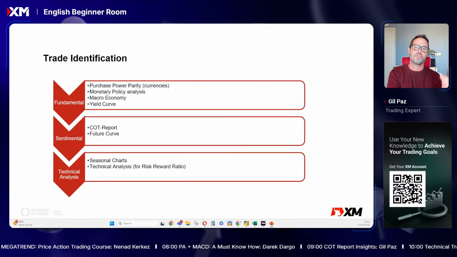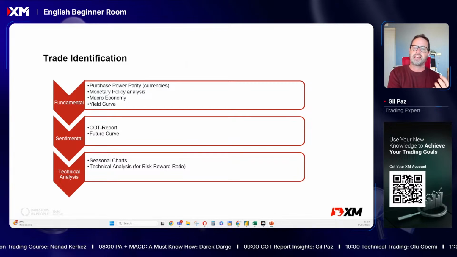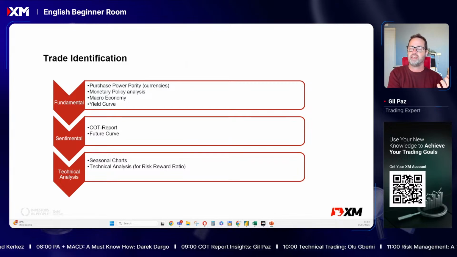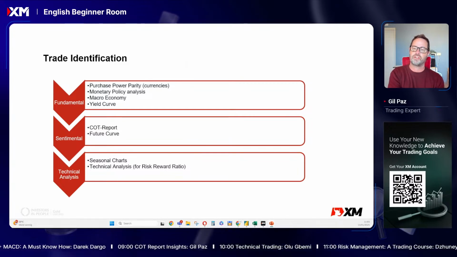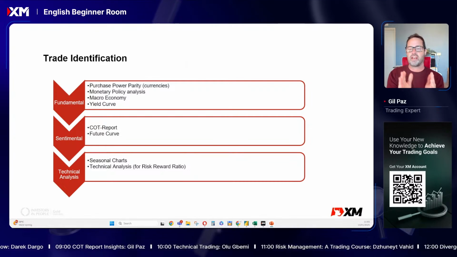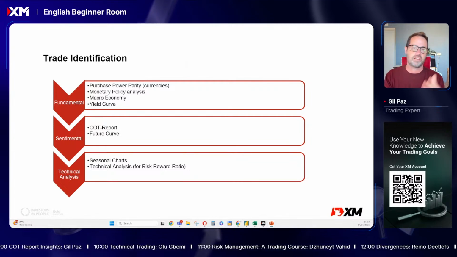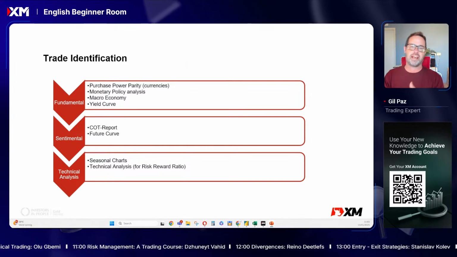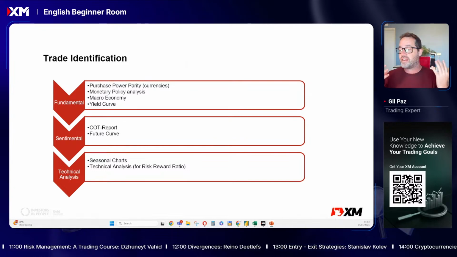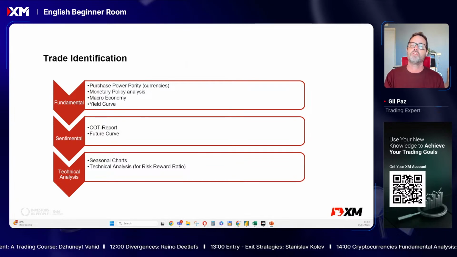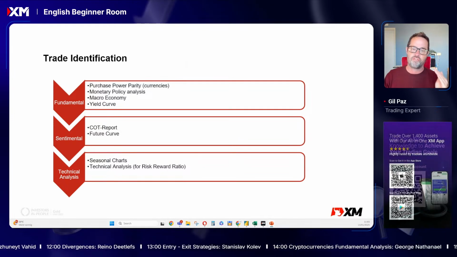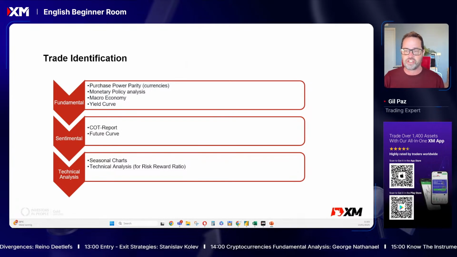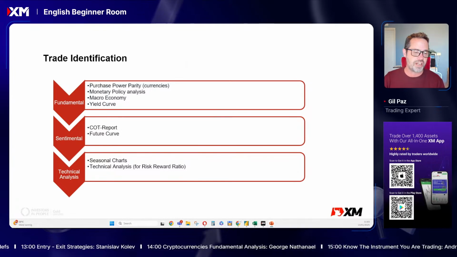But I found over the years that technical analysis is very, very subjective. And you can have in the 5-minute chart an uptrend, in the 1-hour chart a downtrend, in the daily chart an uptrend again, and in the weekly chart a downtrend, and it's just so confusing. So you can find in almost every chart arguments for both sides.